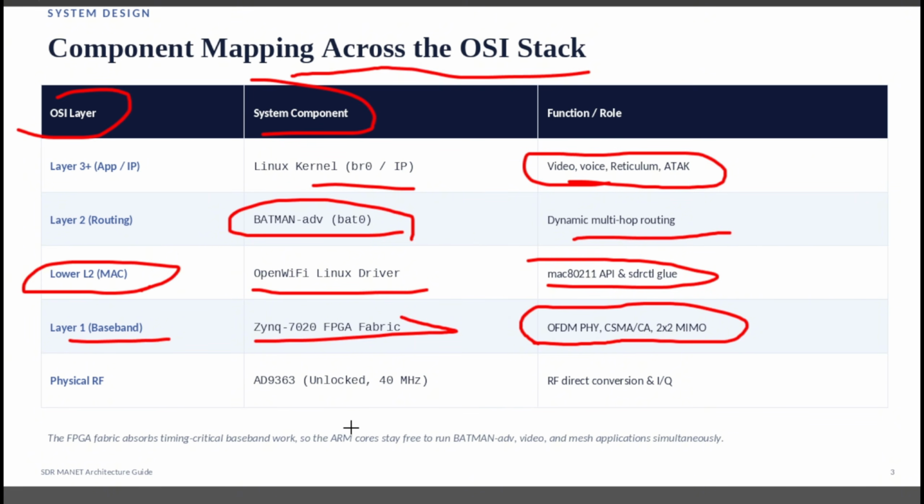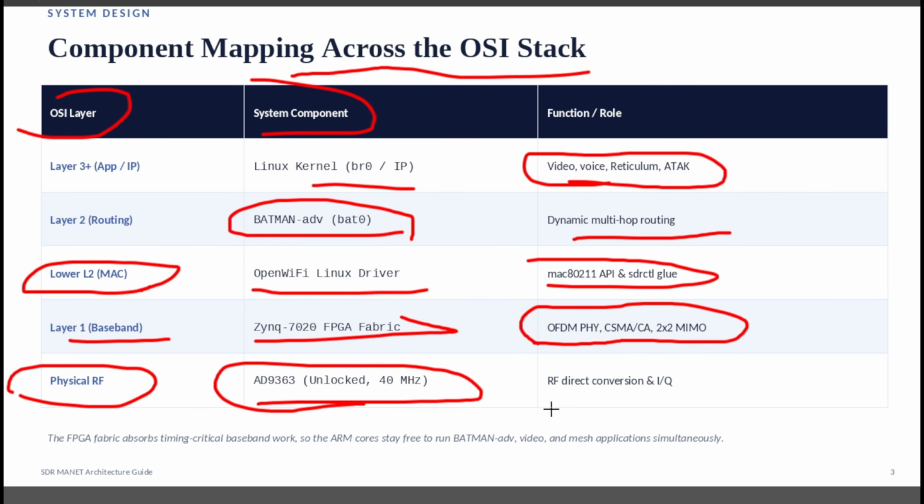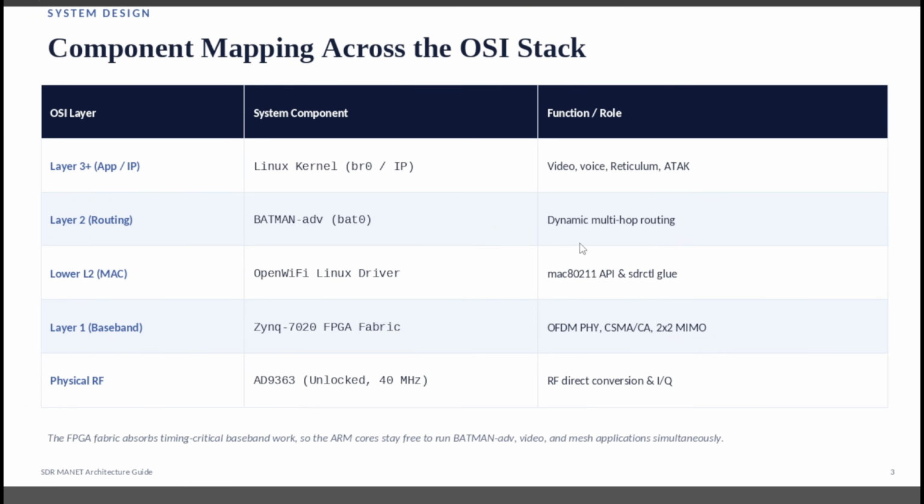And at the very bottom, the AD9363 or AD9361 transceiver handles 40 MHz RF direct conversion and IQ. The key takeaway: the FPGA absorbs all the timing critical work, so the ARM cores stay free for everything else.